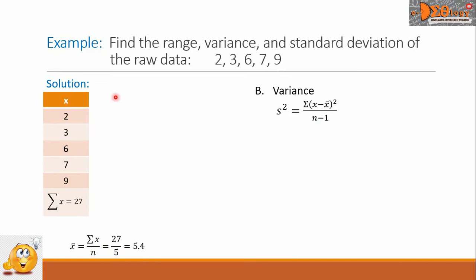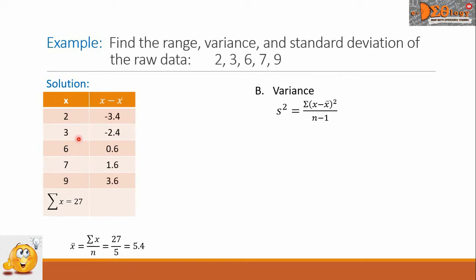Next, let us write another column describing X minus X bar. This is each datum minus the mean. So in the first blank here, that is 2 minus 5.4. So we have negative 3.4.